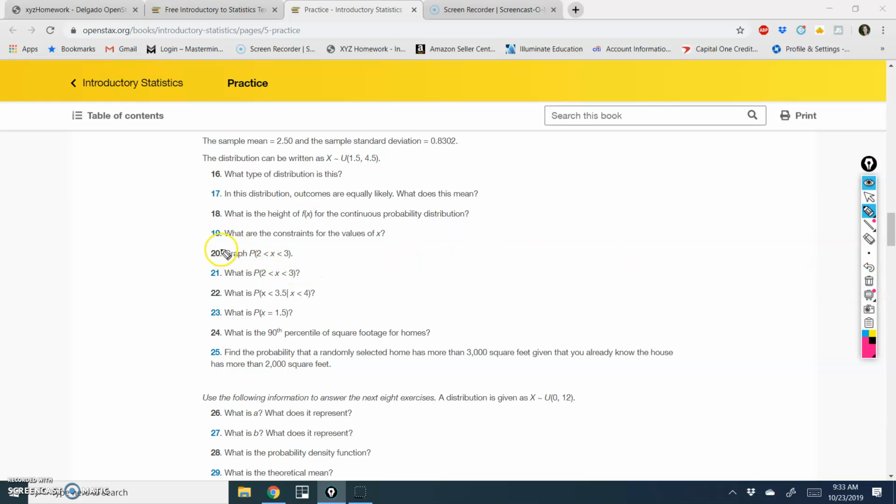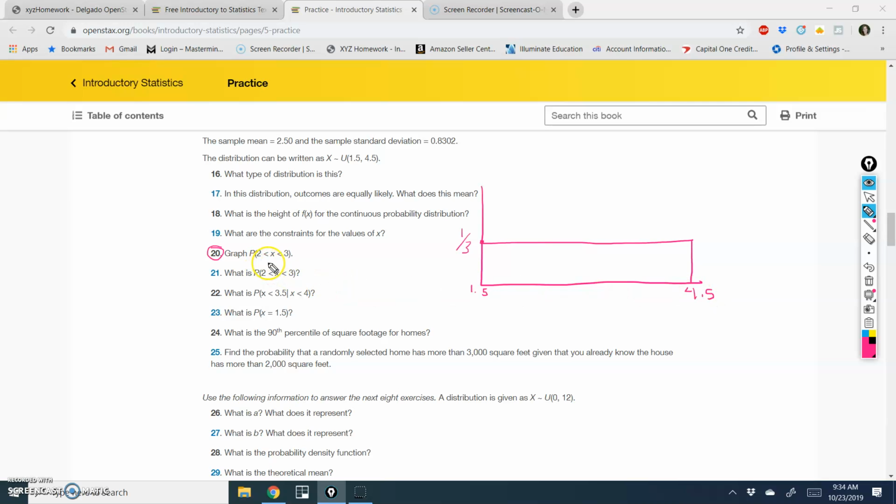For 20, graph p of x between 2 and 3. So here's our graph. We know our f of x is 1/3, so the height is 1/3, which we figured out from problem 18. It's a uniform distribution, so it looks like a block. We also know our left endpoint starts at 1.5, and our right endpoint ends at 4.5.